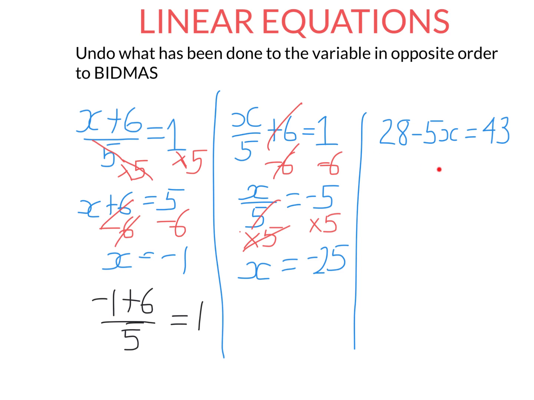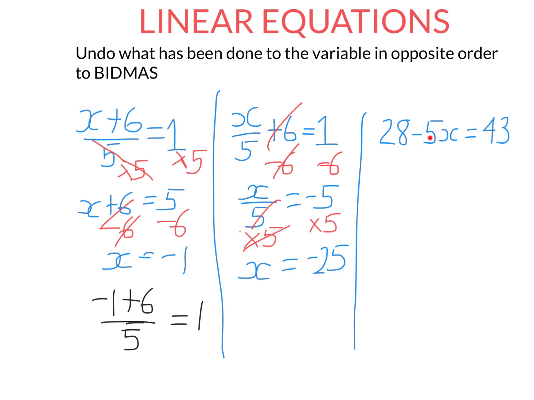All right, let's look at this different equation here. I wanted to include this because people often struggle with this kind of question, and that's understanding the order of the operations. Because the 28 is written first before the -5, people think, oh yeah, we must have done this first. No, BIDMAS tells us we actually did the multiplication first.